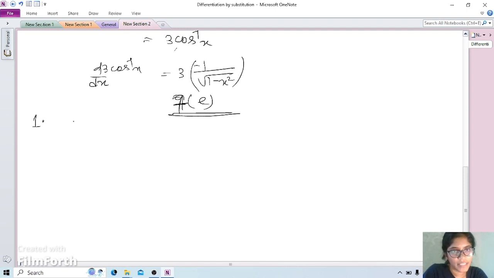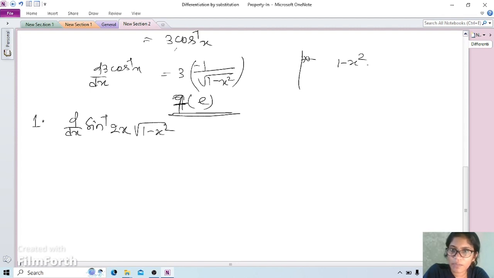Question number 1 is d by dx of sin inverse of 2x into root of 1 minus x square.